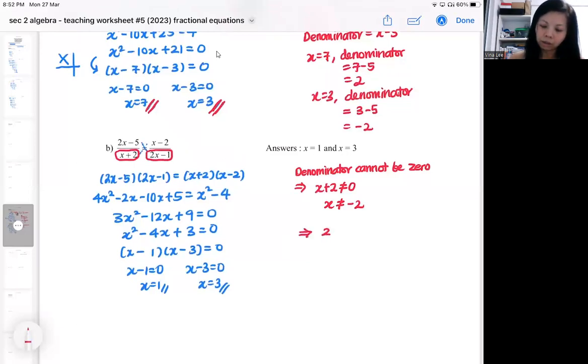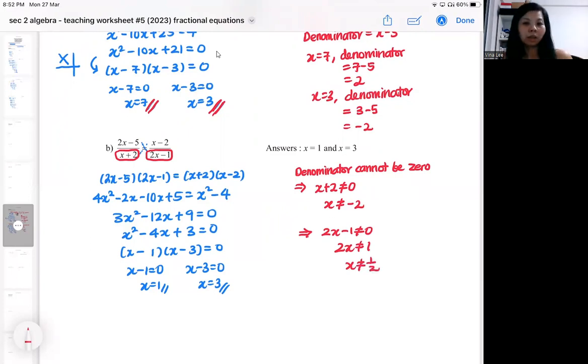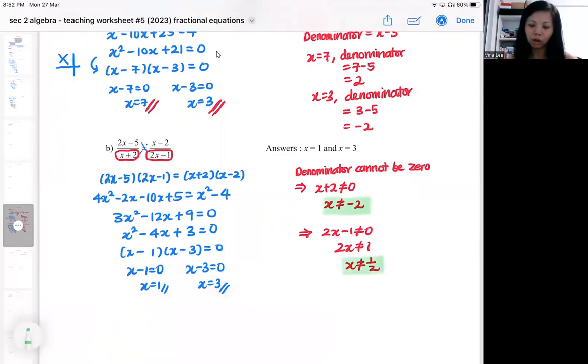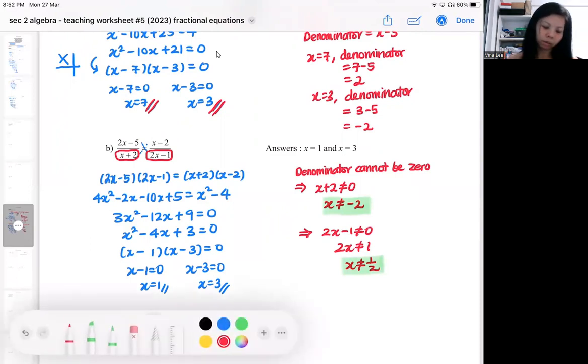Then I'm going to check the second denominator. When I do the checking like this, I realize that these are the two special values that will make the denominator zero. The two answers that you've gotten don't match these two, so these two are acceptable values.